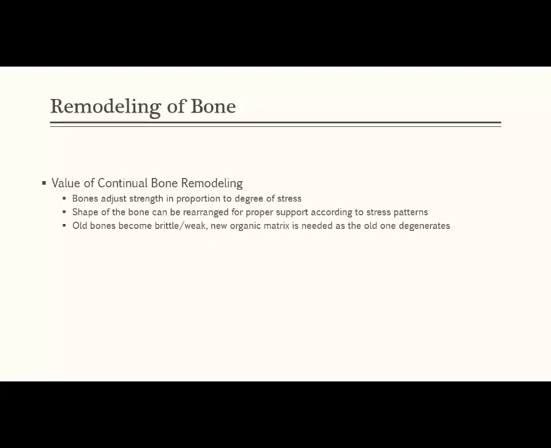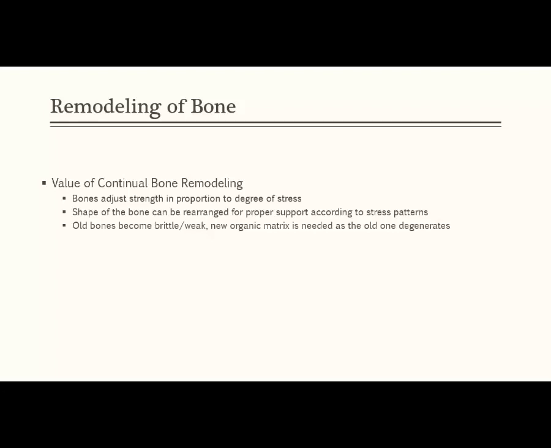So bone has to continually remodel to adjust its strength to the degree of stress that's being acted on it. In addition, the shape of the bone can change and be rearranged according to the stress patterns. Say somebody starts limping and is using one leg less than the other, because of a foot injury.